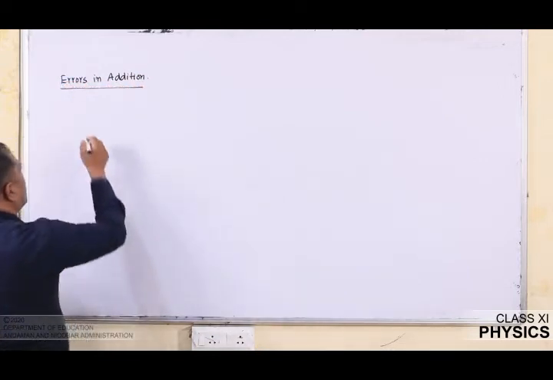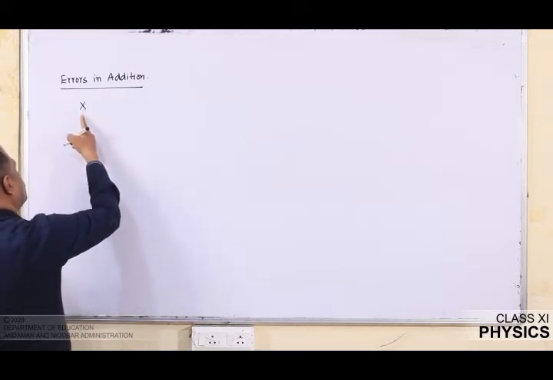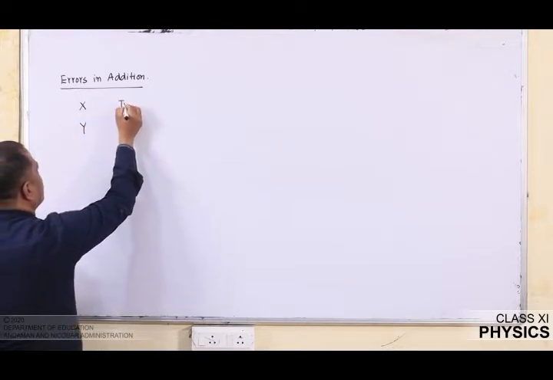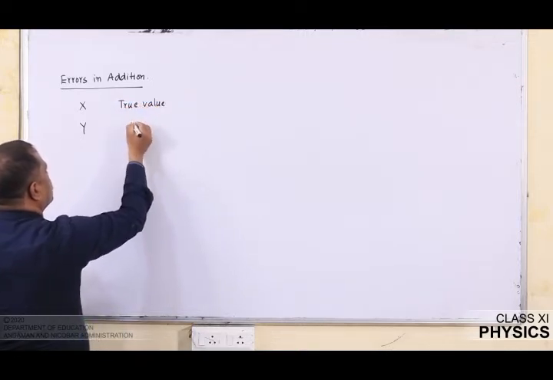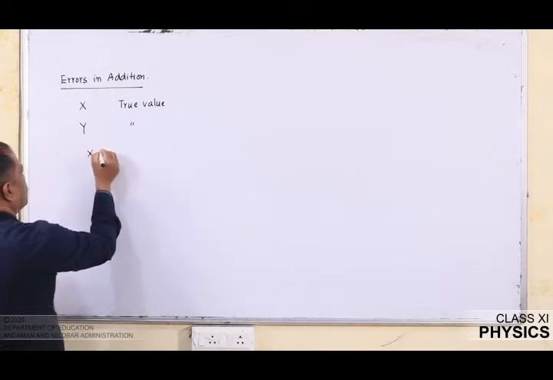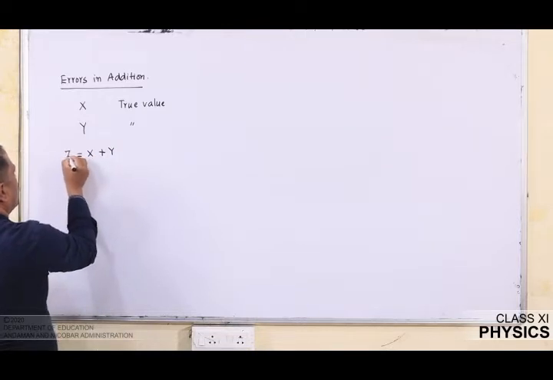Let me say x is a true value, y is another true value. So, this is a true value, similarly this is a true value, and if I find the sum of the two, x plus y, true value and true value will give me true value.